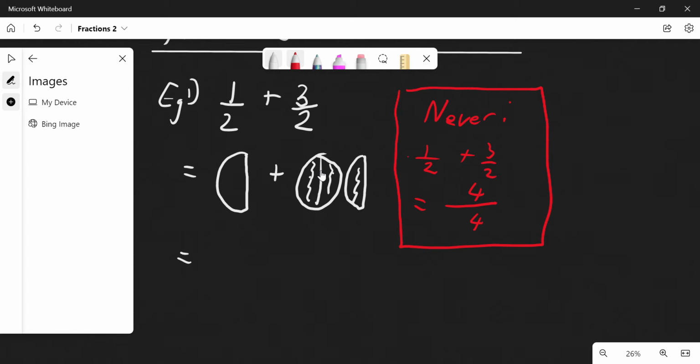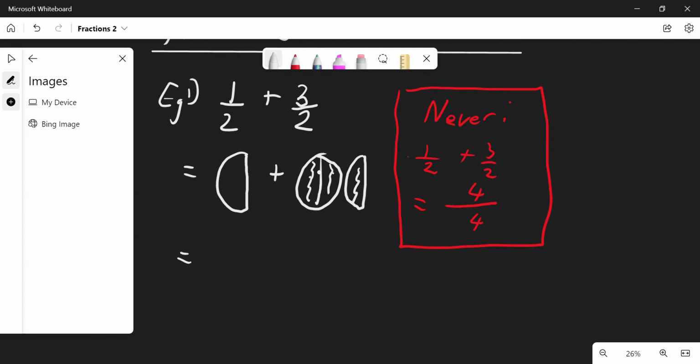And so what is correct to do is, let me just separate that there. What is correct to do is you always check for your denominators. Your denominators must always be the same in order for you to do the addition or the subtraction of the fraction. Here our denominators are the same, they're both 2.